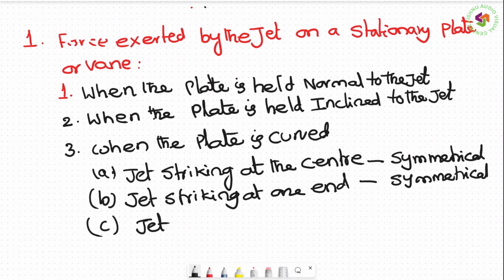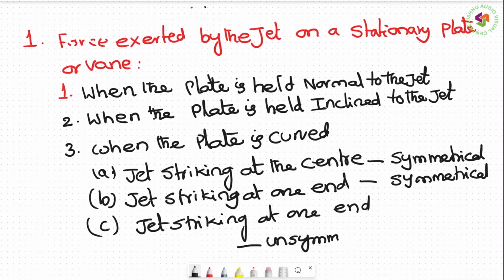Jet striking at one end, the plate is unsymmetrical. So these are the cases which we will study in the case of stationary plate or vane. So five cases all will come, and we will do one after the other.